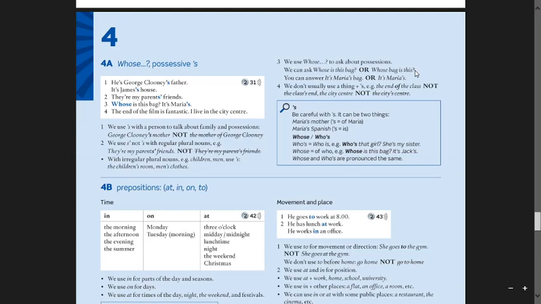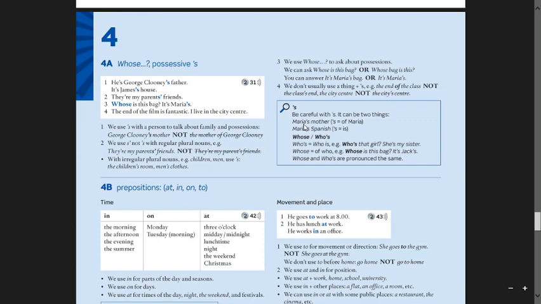We don't usually use a thing plus apostrophe s. For example, we say the end of the class, not the class's end. The city center, not the city's center. So that is used with people, not with things. So pay attention. Be careful with the apostrophe s because it can be two things.